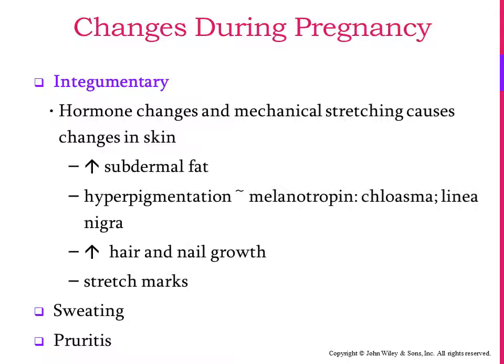Some women experience increased growth in their hair and nails. For others, their hair breaks or becomes less manageable. Again, it's very different how each female reacts to the hormones of pregnancy. Sweating is not uncommon. Neither is pruritus, which is itching, dry skin, itching, stretching of the skin. The hormones may also be contributing to the.